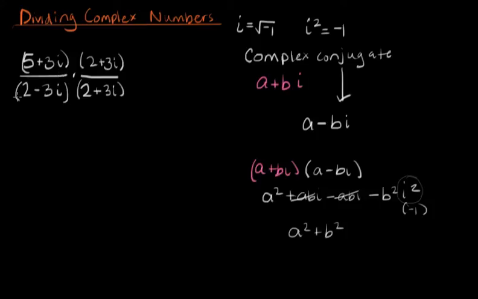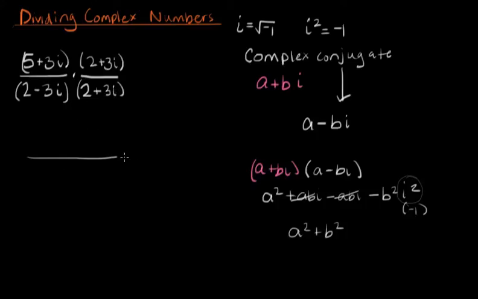So let's do the denominator first here. So we should get a squared plus b squared, and we can do that if we want to, but let's go ahead and just simplify it this time. So a squared plus b squared would be 2 squared plus 3 squared. So that would be, let's see, 4 plus 9 should be 13. Okay, let's just make sure we get that.